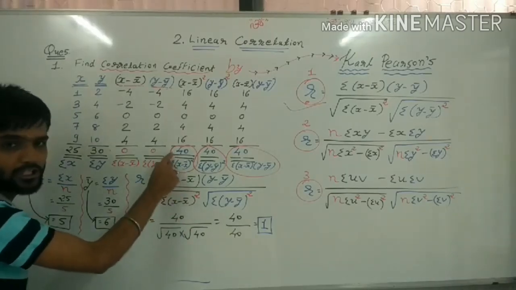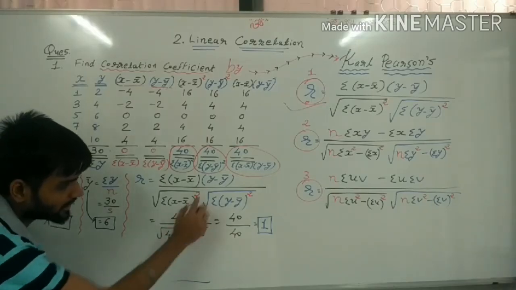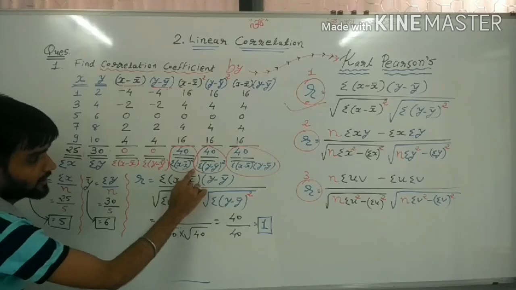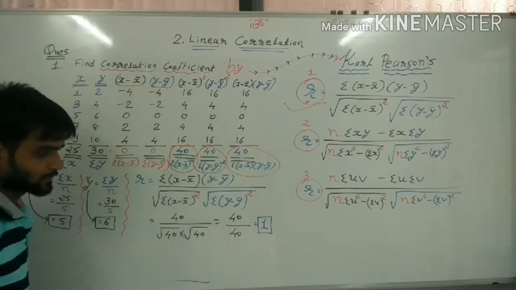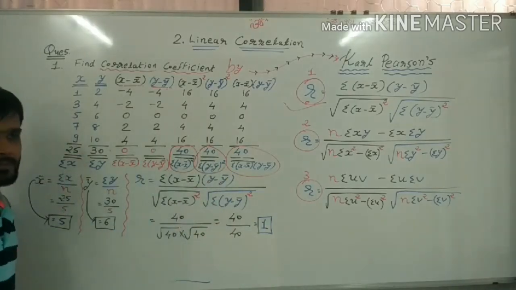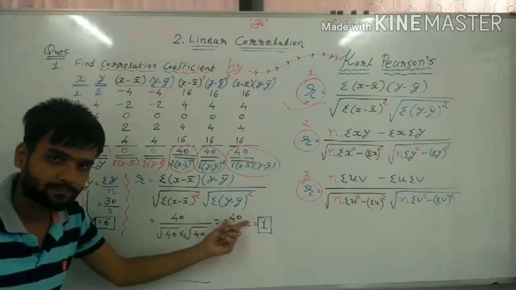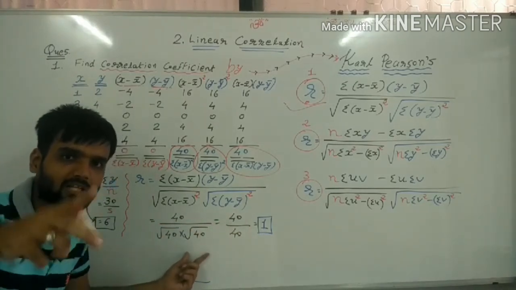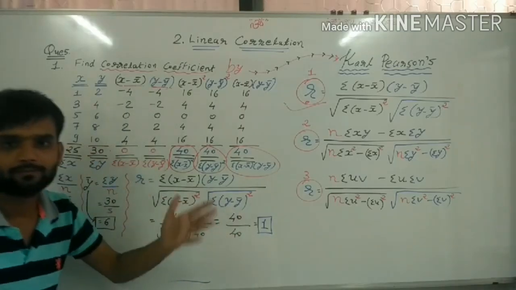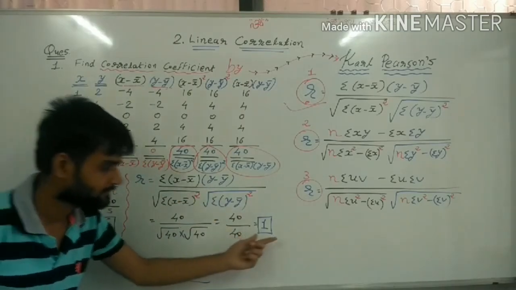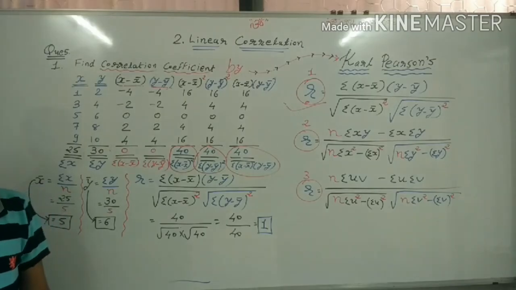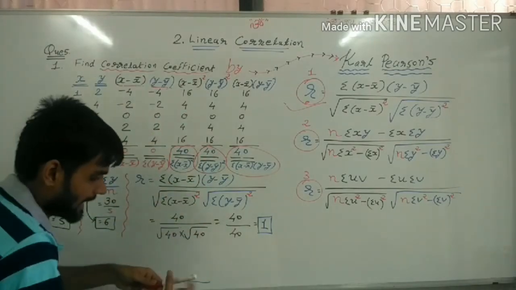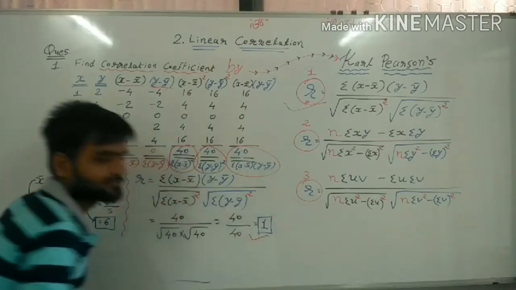Sigma x minus x bar square is 40, and sigma y minus y bar square is also 40. So 40 divided by root 40 into root 40. The answer will be 40 upon 40, which is 1. Now this question is solved and the answer is 1.